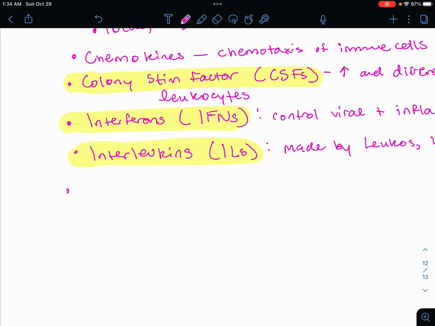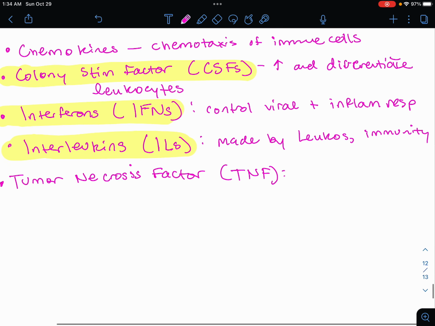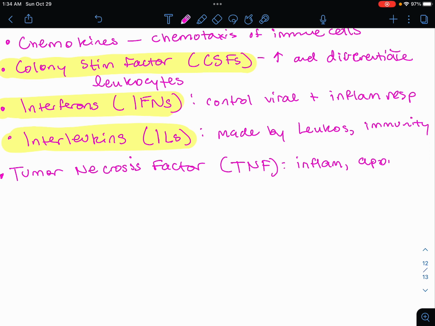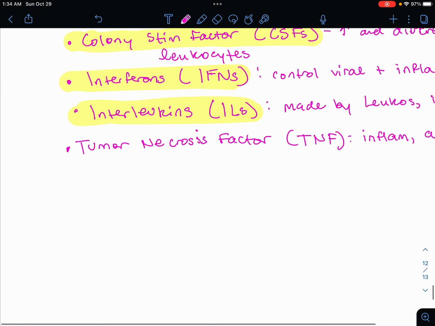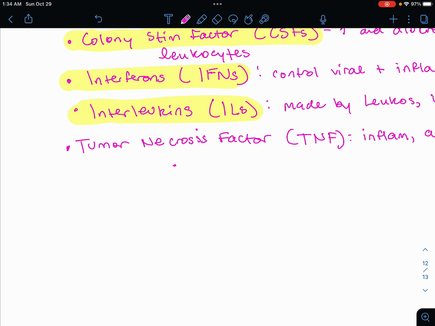We also have the tumor necrosis factor, or the TNF. This is going to be inflammation response, apoptosis. You need it to act together with other components for the correct response here.